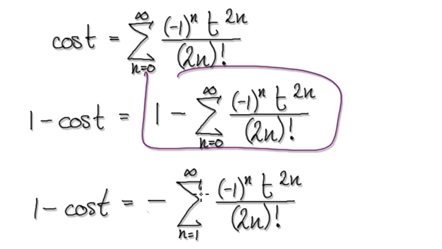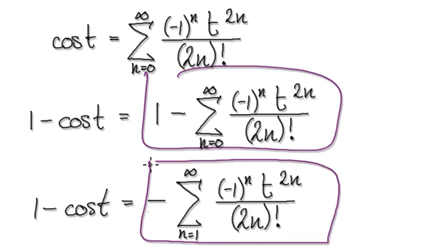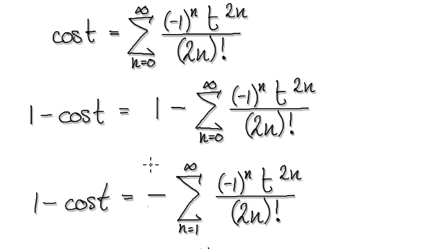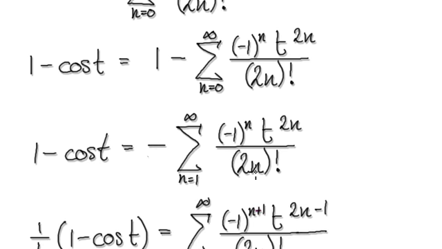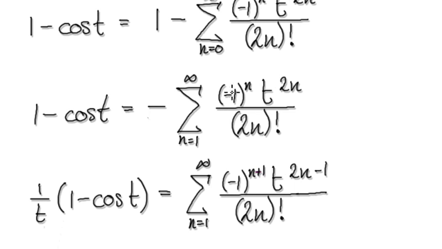From here, that will take you to here. Now you've got a minus 1 here, so push this minus 1 into here, so this becomes plus 1. Push this into here, and that will give you this thing here plus 1.